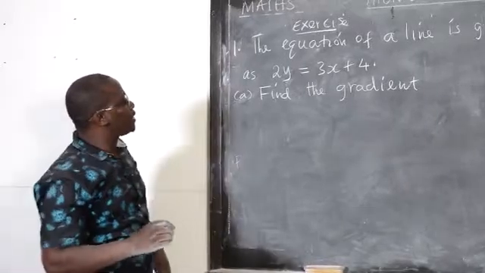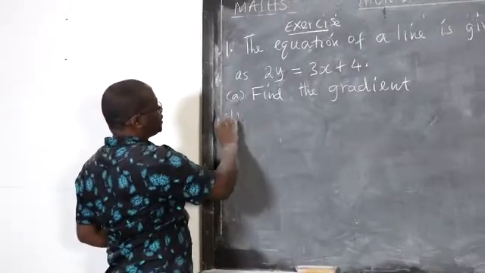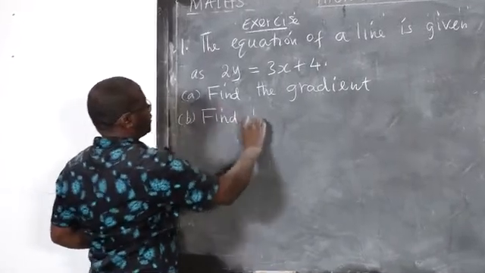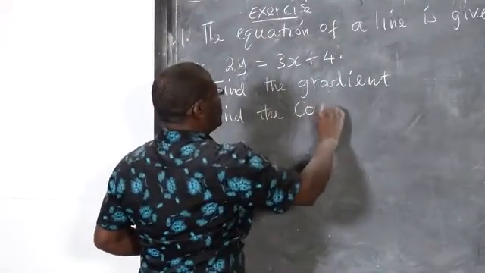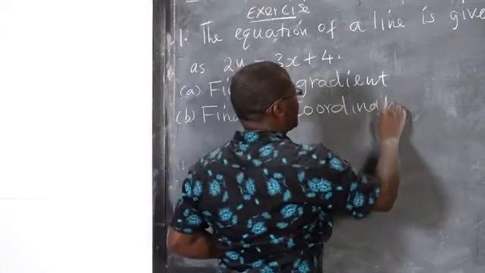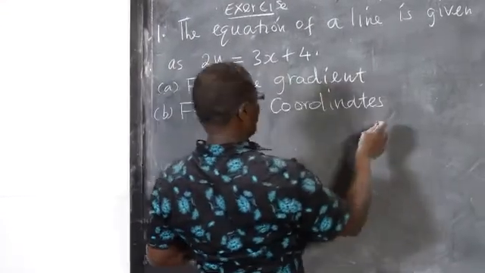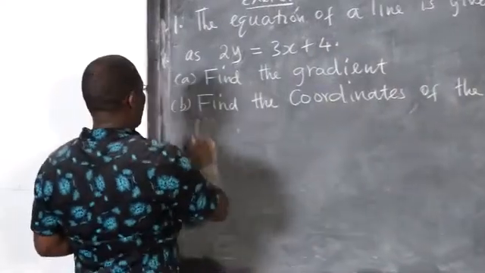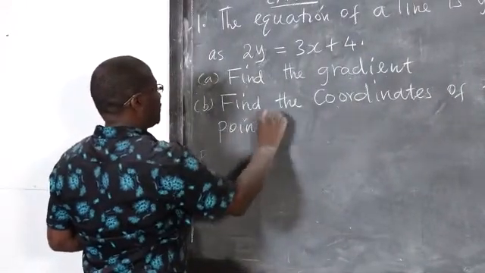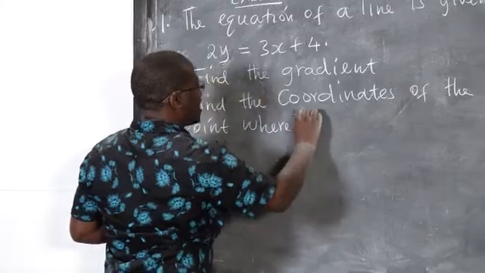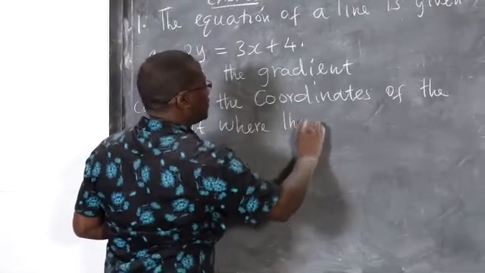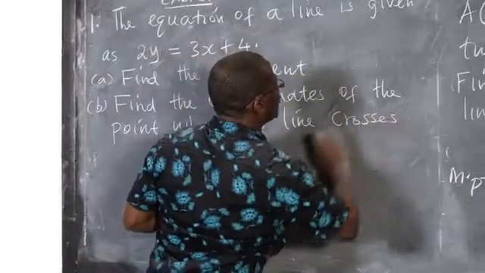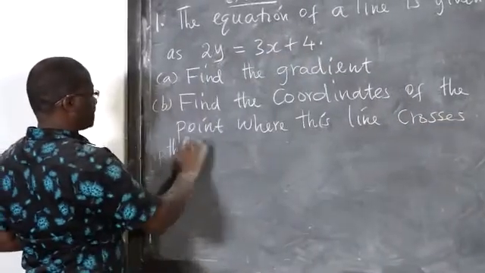You are told to find the gradient of that line. Part B, find the coordinates of the point where this line crosses the y-axis.